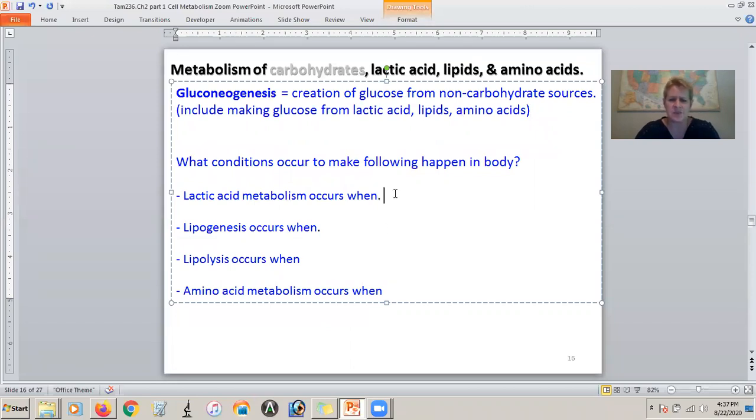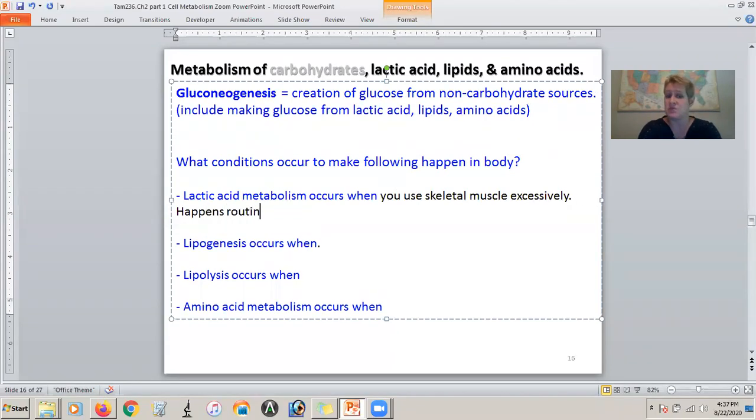So lactic acid metabolism occurs when you use skeletal muscle excessively. You will build up lactic acid. So what happens is that lactic acid is built up and there'll be a system that removes it, and we'll talk about that shortly. So lactic acid metabolism happens all the time, routinely.